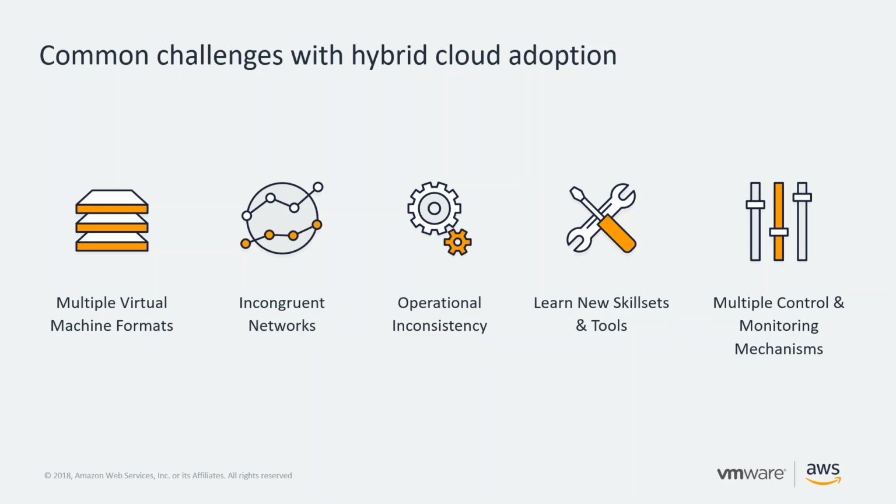And then also, you don't necessarily have to learn any new skill sets or utilize new tools, because what you have today, as far as being familiar with the vSphere GUI, you can leverage that with VMware Cloud on AWS. And for the most part, any tools you're leveraging from the aspect of your monitoring or even controlling your environment, you can leverage that as well with VMware Cloud on AWS.